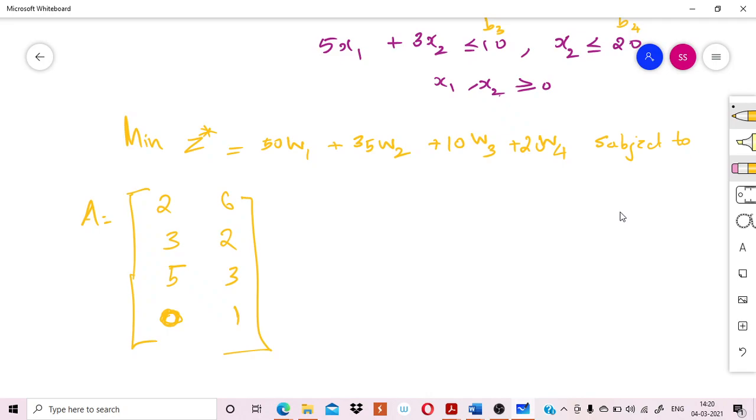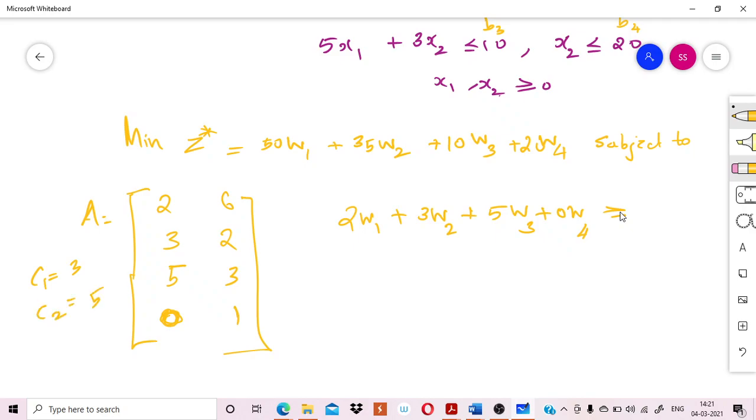Now the row 2, 6 we will write as a column. So we have the column elements 2, 3, 5 as 2w1 plus 3w2 plus 5w3 plus 0w4, and less than or equal to becomes greater than or equal to c1, c2, c3. Earlier in our max problem c1 is 3 and c2 is 5.